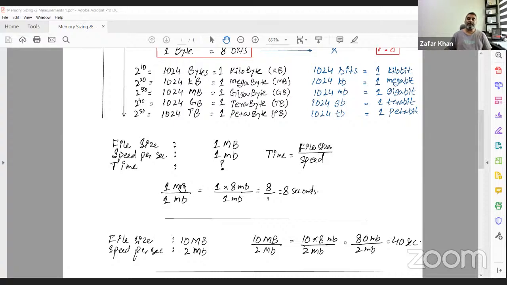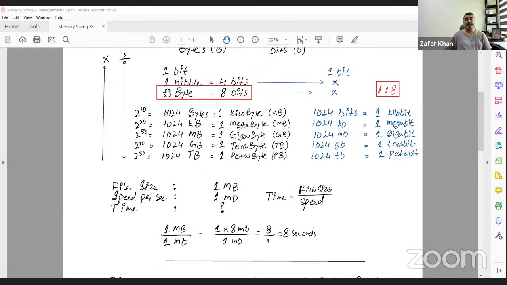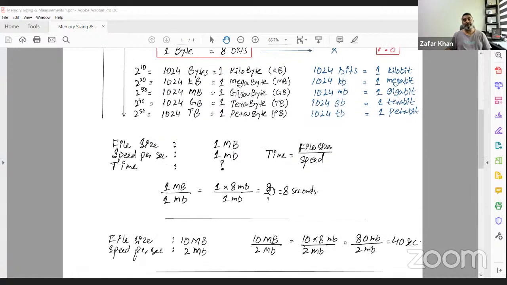So if you have got a 1 MB file, you will have to multiply it by 8. Why 8? I told you that this ratio of 1 to 8 remains there. What does that mean? 1 byte has 8 bits. So 1 megabyte would have 8 megabits. All you have to do to convert from megabytes to megabits is multiply by 8.